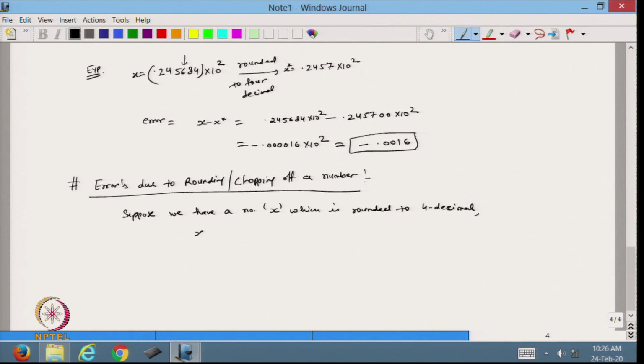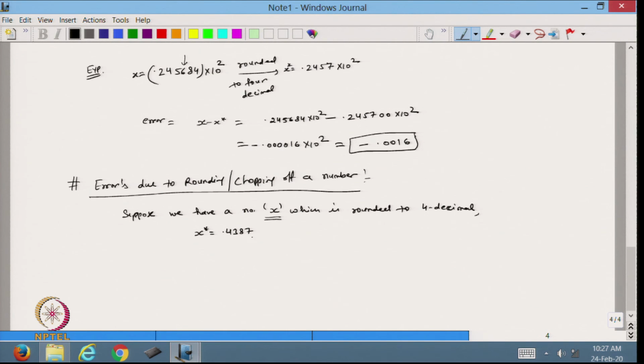And let the number that comes out be x star equal to 0.4387. So, I want to find what is the value of x. My x star is given to me and I have rounded the number x up to 4 decimals.